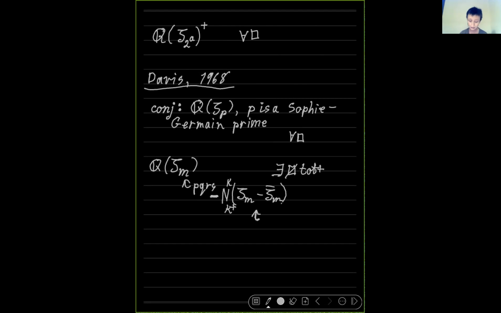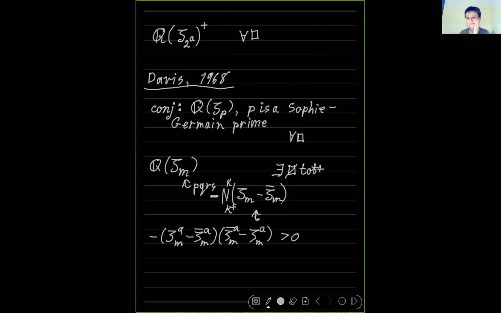No matter, you could replace this with zeta sub m to the a, any a. You're still going to have this times its conjugate is real and greater than 0.